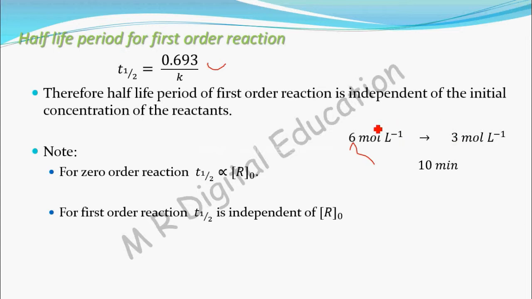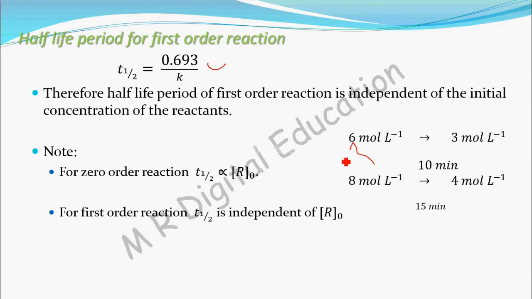To reduce concentration from 6 to 3 mole per liter, take time taken as 10 minutes. Now you increase the initial concentration, that is 6 to 8 mole per liter. Half of this is 4 mole per liter. Now to get reduced from 8 to 4 mole per liter, reaction may take 15 minutes.